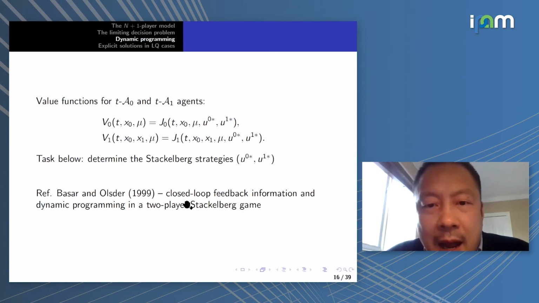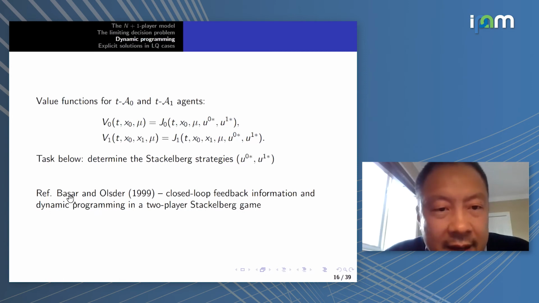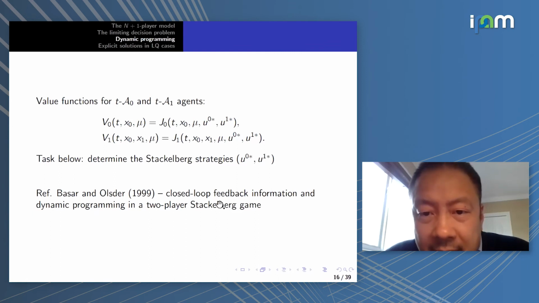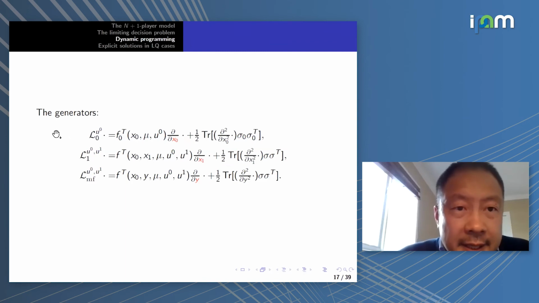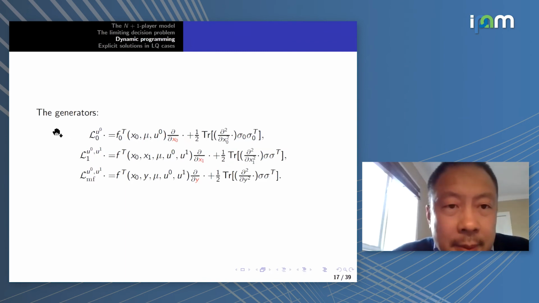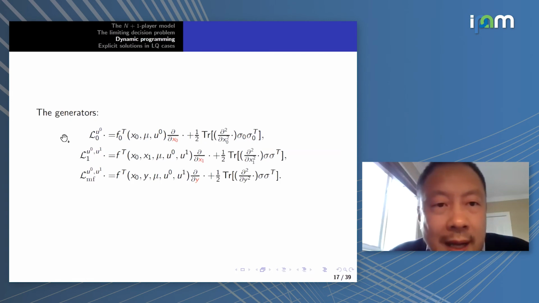I got the name blockage. Anyway, we can follow similar state feedback information to do dynamic programming. But here we need to take care of the mean field component. So to describe dynamic programming, let's do something quite standard.